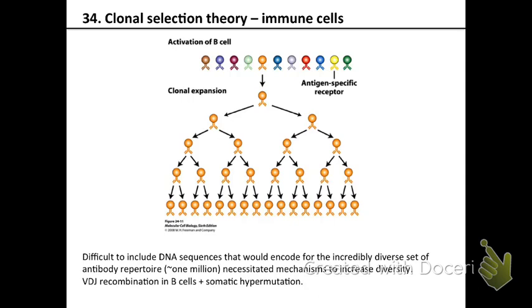And there is another mechanism that increases the protein diversity using something called somatic hypermutation. Mutation that occurs in these B cells, lots of mutations, okay?